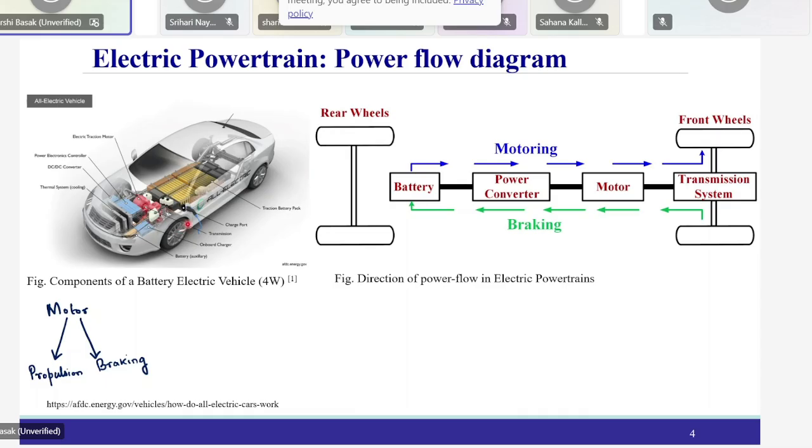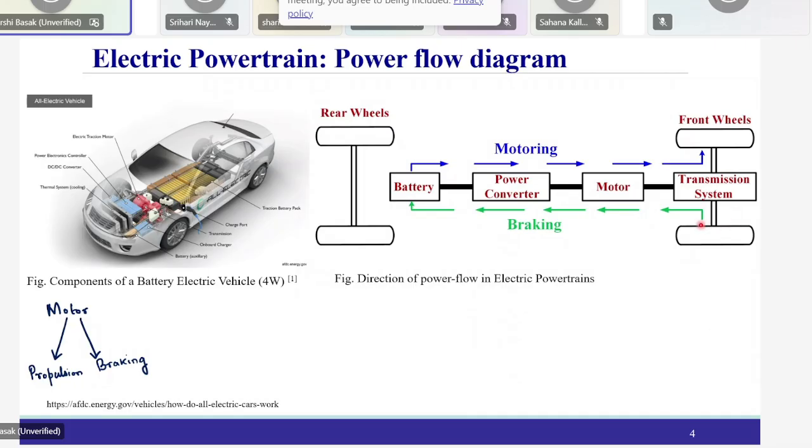If you try to see the direction of the power flow in case of the motoring system, you have the battery, then the power converter, then the motor, and then finally the wheels. This is corresponding to the motoring mode of operation.